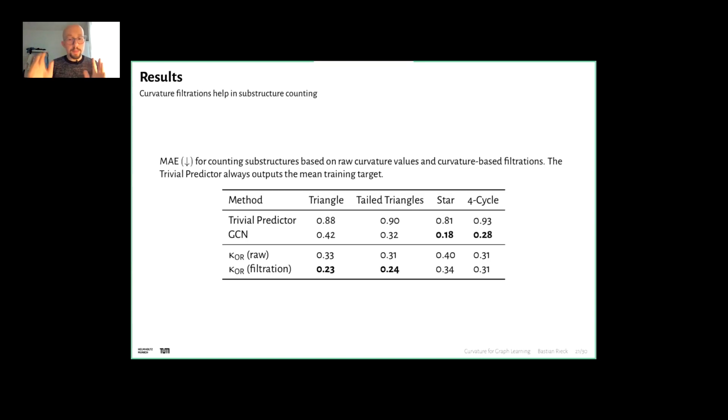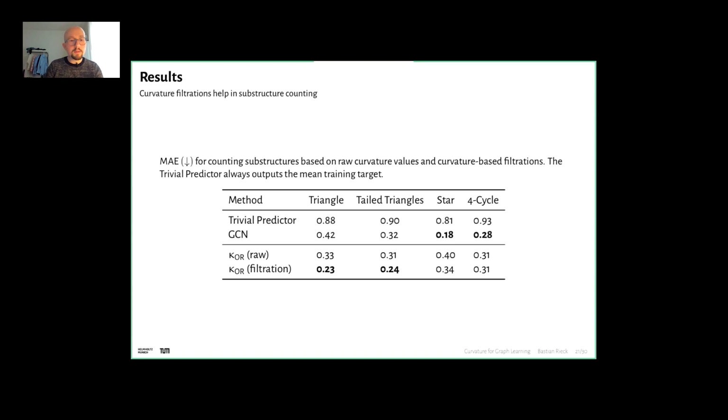And likewise, and again, I don't want to spend too much time on this because it is very much preliminary in some sense, but what we also see is that these curvature filtrations can help in counting substructures in graphs. Counting substructures is a very important task because if you have availability of these substructures, you can easily also decide whether one distribution of graphs is better or similar to the original distribution than another one.